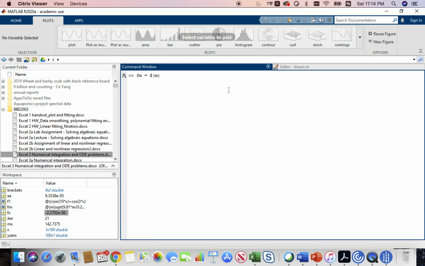Okay, so the equation is, actually I think I can find it. Yeah, I did this before. So the equation is like this, and once I hit enter, I have this fm function defined so that we can work on the root for this function. And now I'm going to put mass, fx, ea.